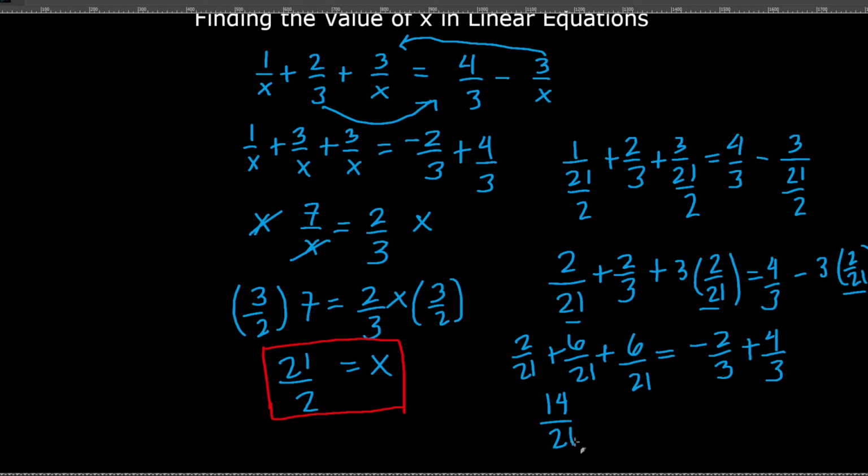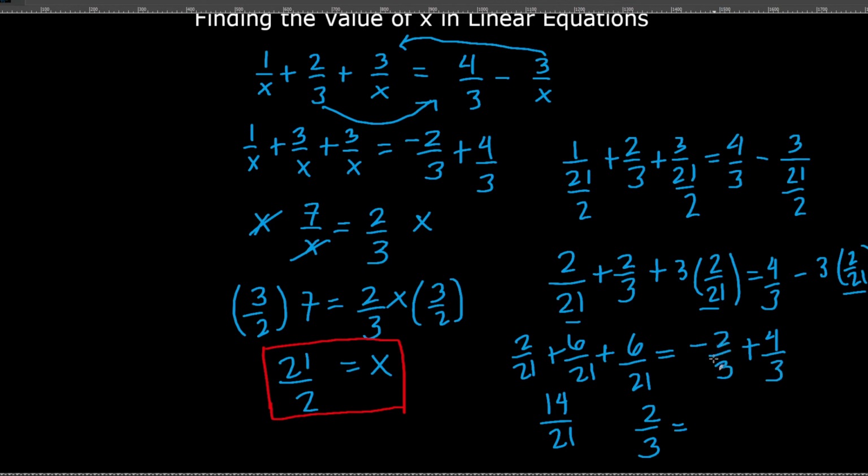Now, ang 14 over 21 is just equal to actually 2 over 3. Kasi pag dinivide mo to ng 7, 14 divided by 7 is 2. And then pag dinivide mo rin to ng 7, 21 divided by 7 is 3. So, pareho lang yan. Now, equals, so dito naman, negative 2/3 plus 4 over 3.